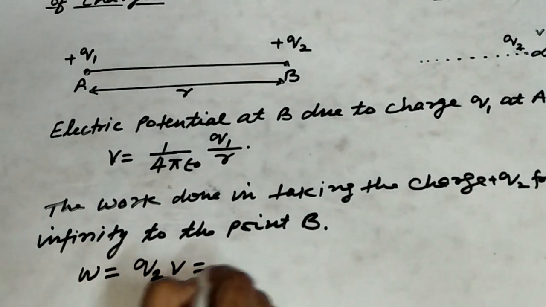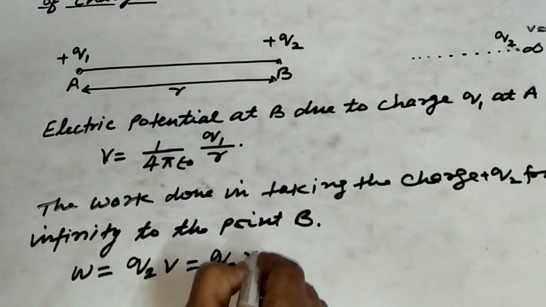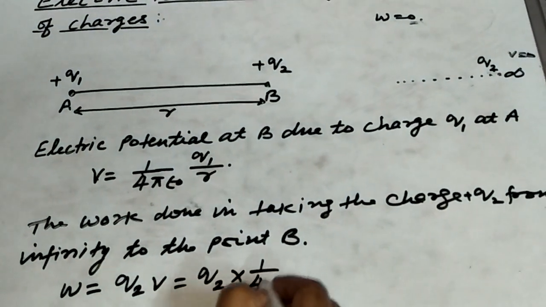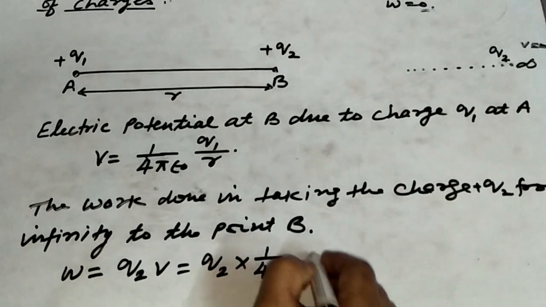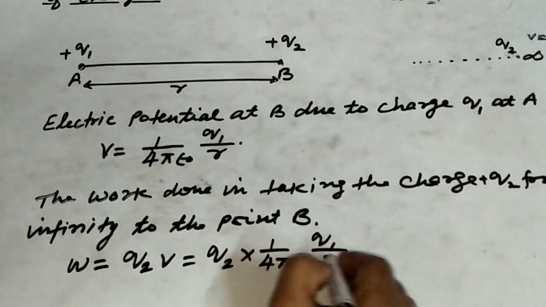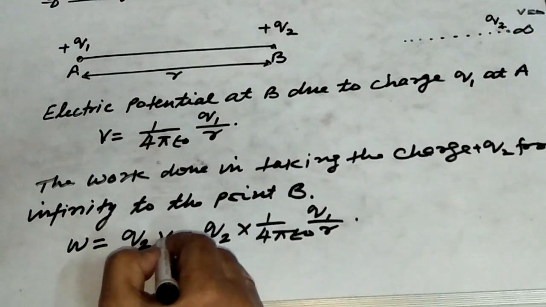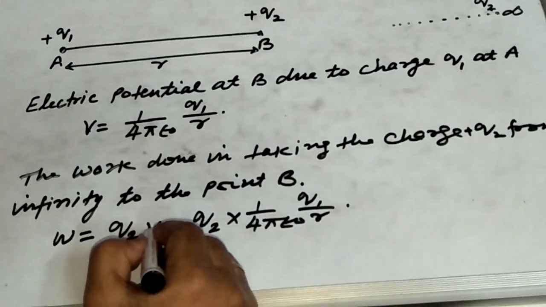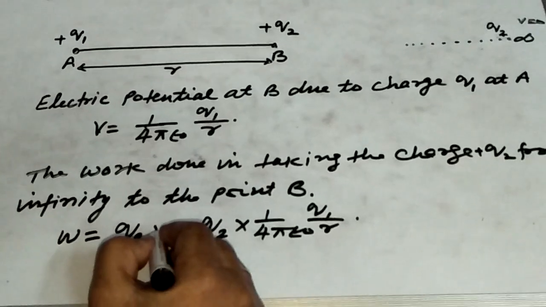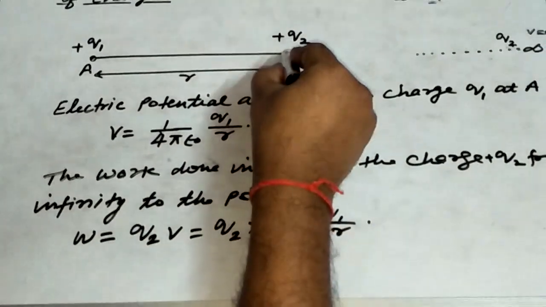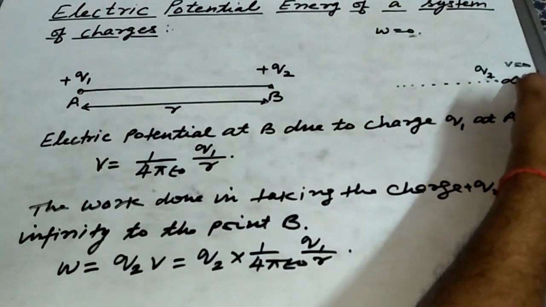W is equal to Q2 into V. It means Q2 into, in place of V, write 1 upon 4 pi epsilon naught Q1 by r. Actually in this formula, V is the potential difference, and potential difference means potential at the final state minus potential at the initial state. Your final state is B and initial state is infinity.